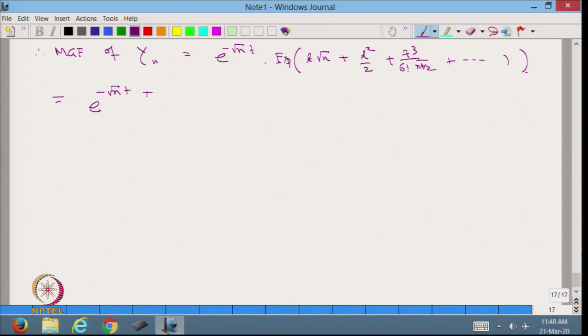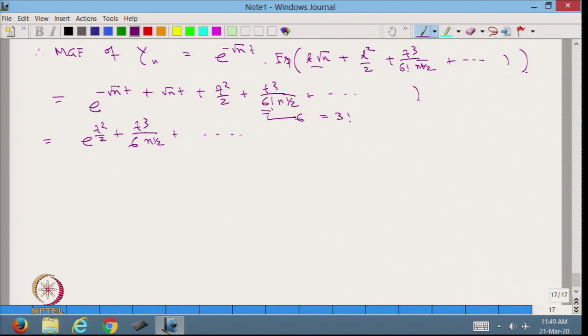n t plus root n t plus t square by 2 plus t cube upon 6 n to the power half plus other terms is equal to e to the power t square by 2 plus t cube into 6, this 6 is factorial 3, n to the power half plus other terms.